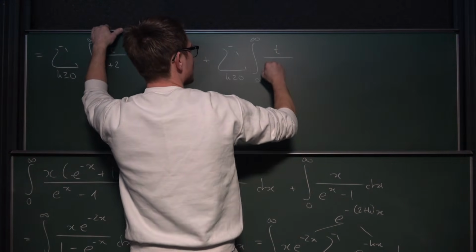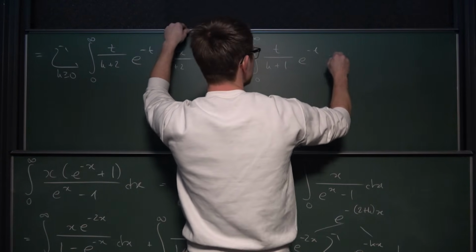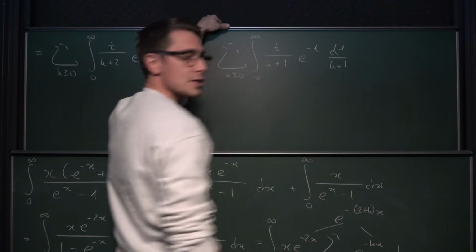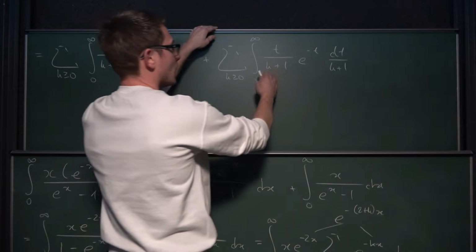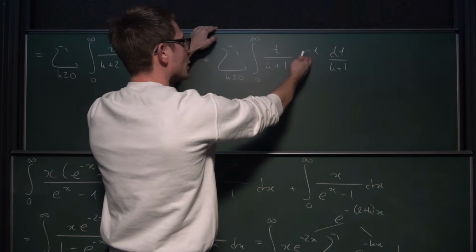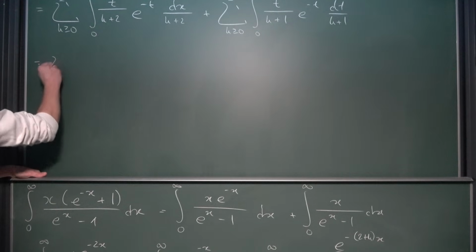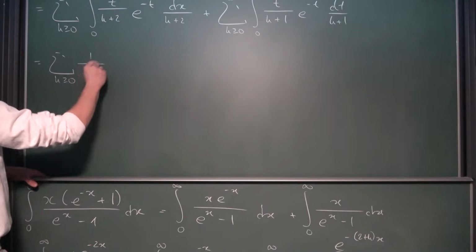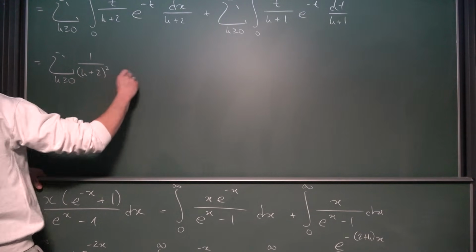So t divided by k plus 1 times e to the negative t, dt divided by k plus 1. Obviously k plus 1 and k plus 2 respectively are not with respect to our variable of integration, so we can drag them to the front, leaving us overall with two infinite series ranging over k plus 2 squared or k plus 1 squared.